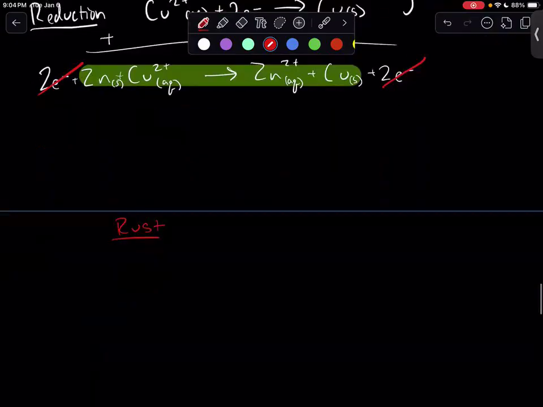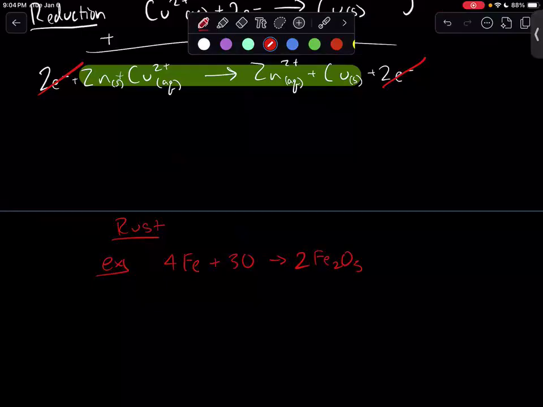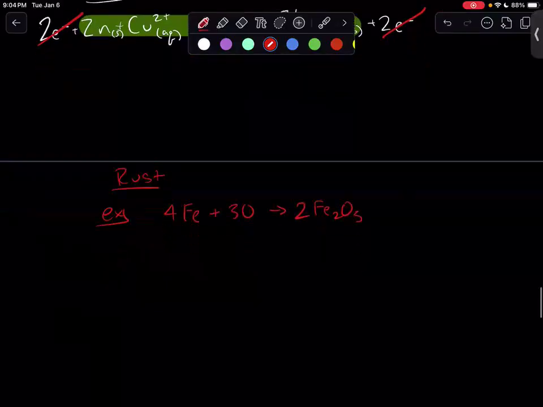We know for rust that we have 4 Fe plus 3 O₂ reacts to form 2 Fe₂O₃, iron(III) oxide. Now, our oxidation reaction is simply Fe reacts to form Fe³⁺ plus 3 electrons.